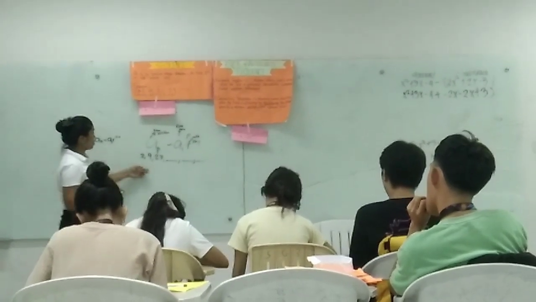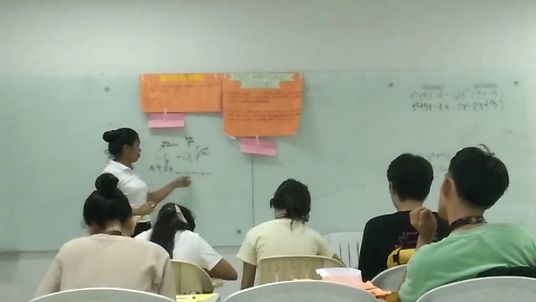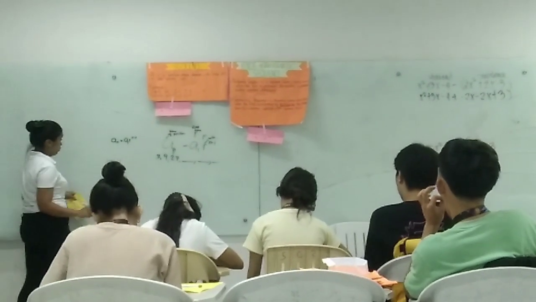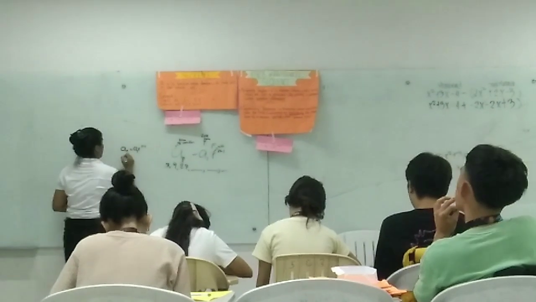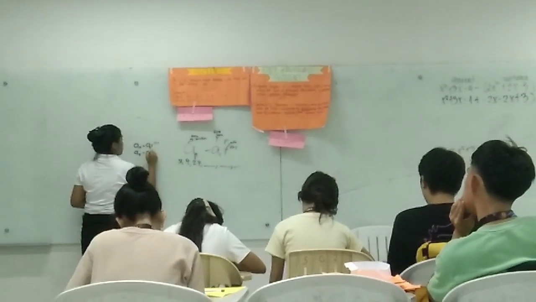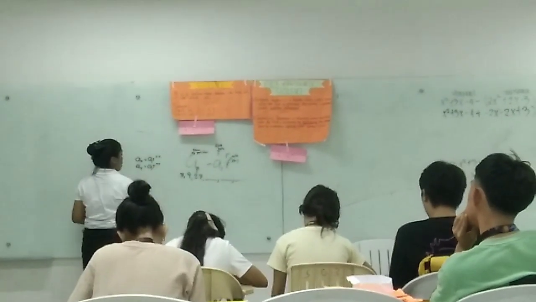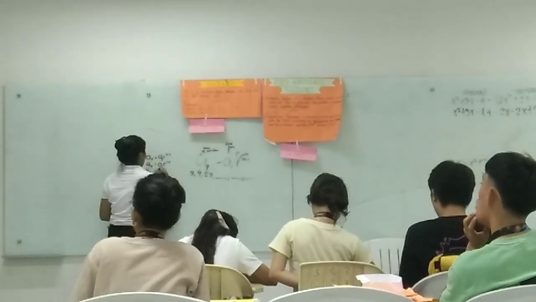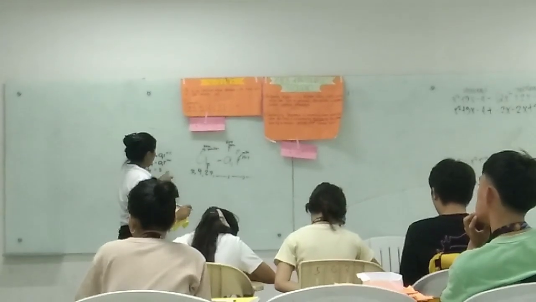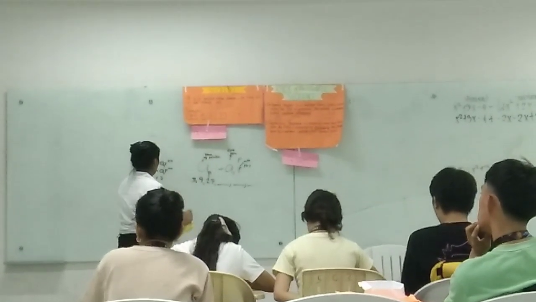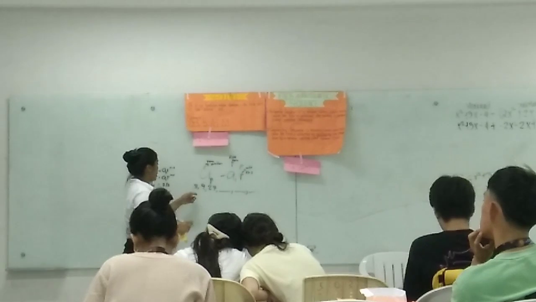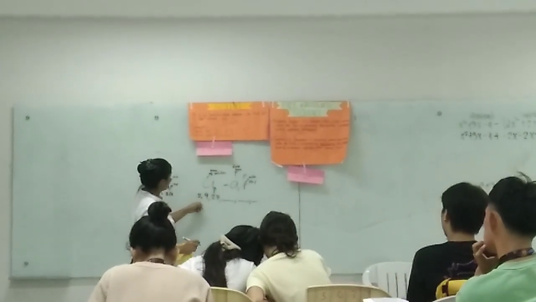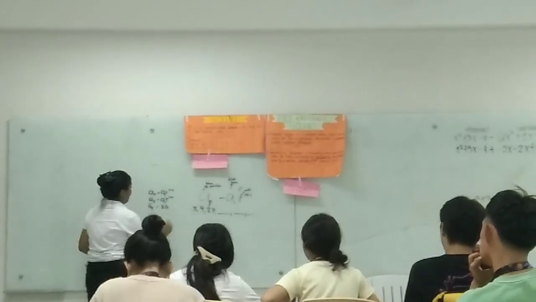The missing terms here are the fourth term, the fifth, and the sixth term. So for solving the fourth term, we just have to substitute: a sub 4 equals a sub 1 times r raised to n minus 1. The first term is a sub 1, and our ratio is 3, since 3 times 3 equals 9.